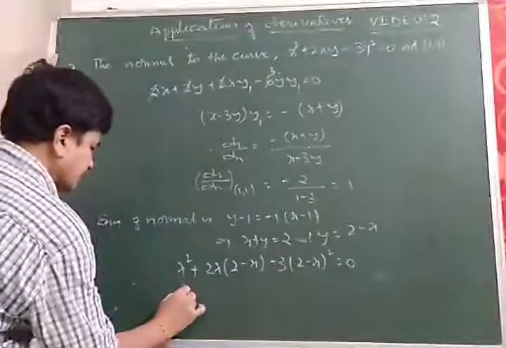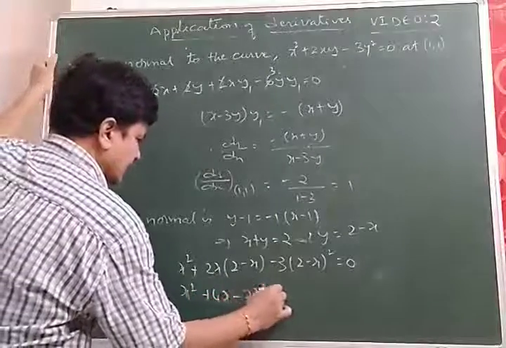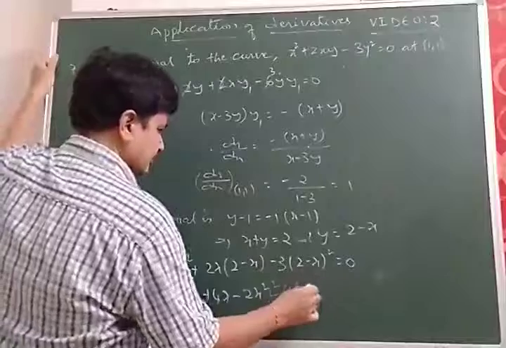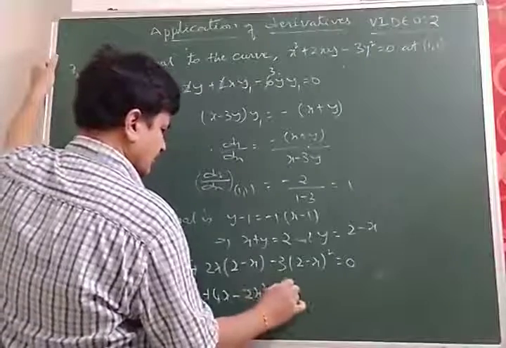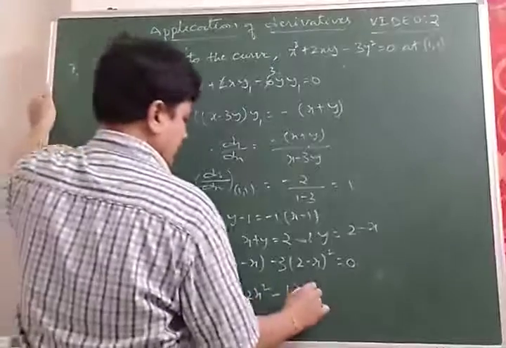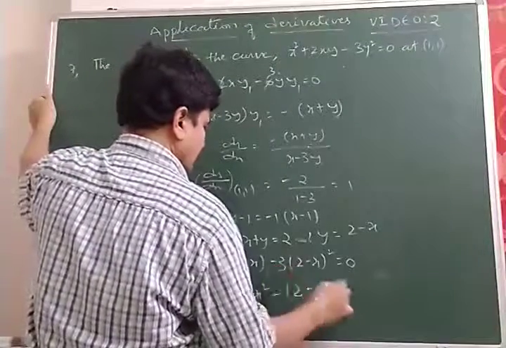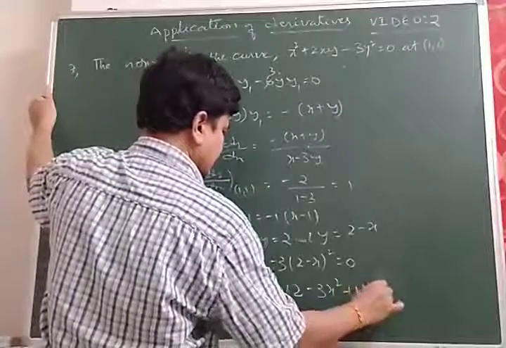Now this is x square plus 4x minus 2x square minus 3 into (4 minus 4x plus x square), that is minus 3x square minus 12 plus 12x is equal to 0.